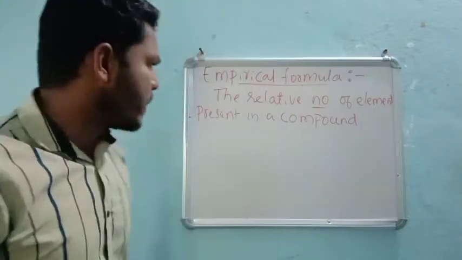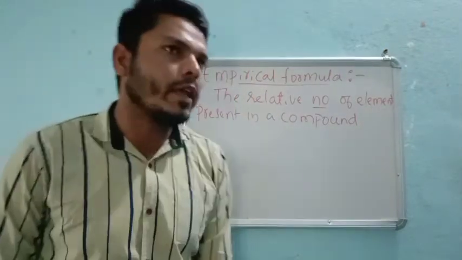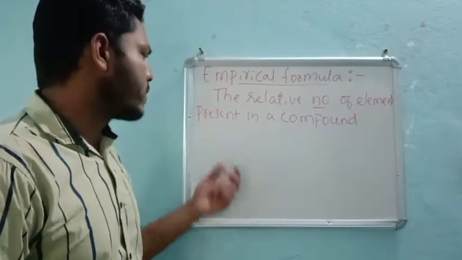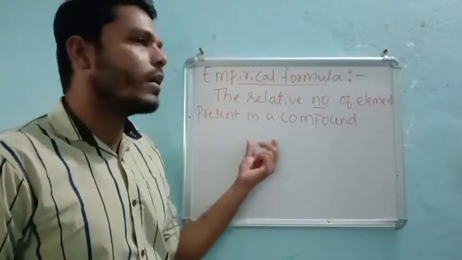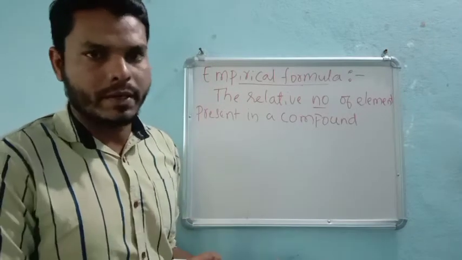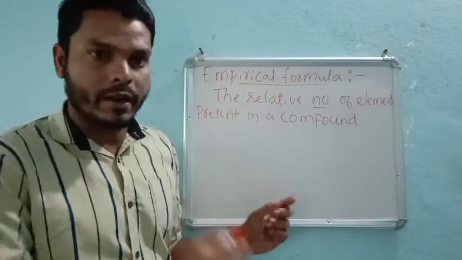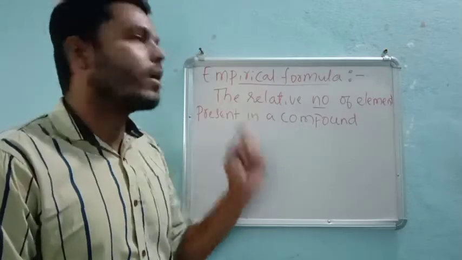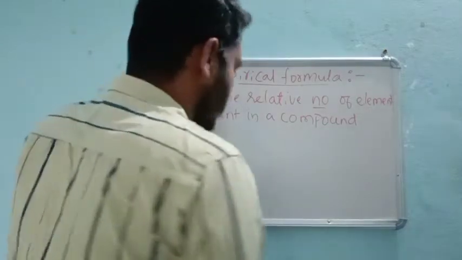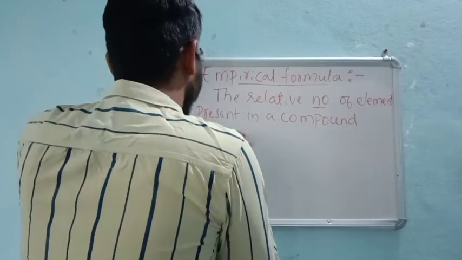So empirical is very, very simple. That means here it becomes a whole number, right? Different elements are present, and if we represent those elements without their numbers, then it becomes the empirical formula, right?